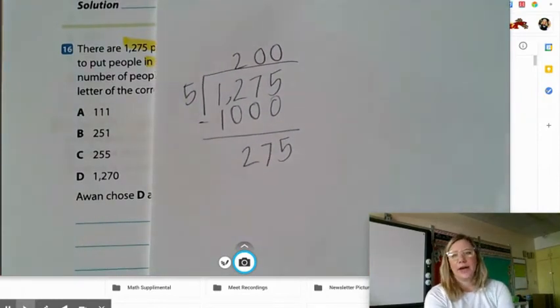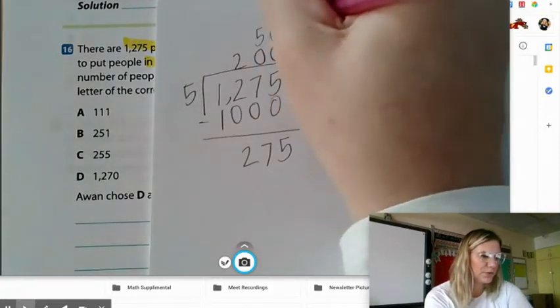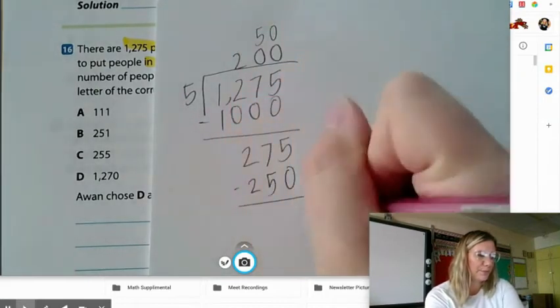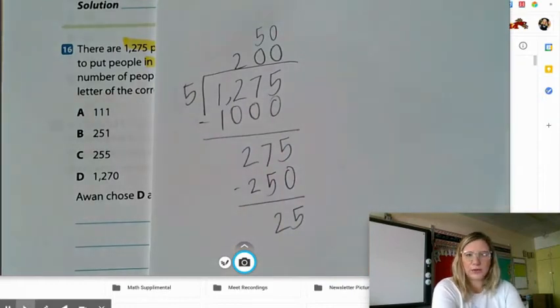Now I have to get close to that 275. I know that 5 times 5 is 25, so if I add a 0 to make 5 times 50, that's 250. Let's try that. 5 times 50, and then 5 times 5 is 25. Oh, look at that, I also know that basic fact.